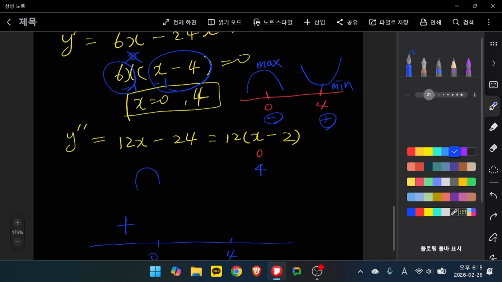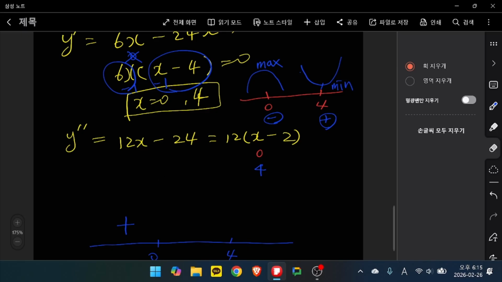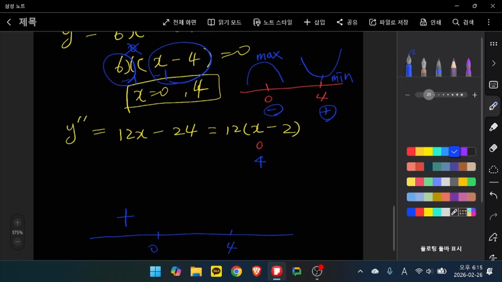So I need to plug in numbers other than 0 or 4 here. If I plug in 3, positive and a negative, so it makes a negative, and 5, positive and positive, so it will be a positive.